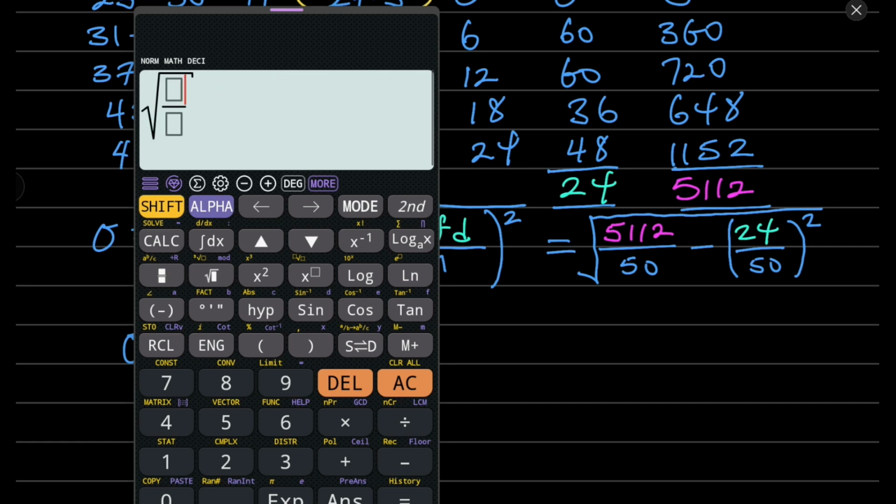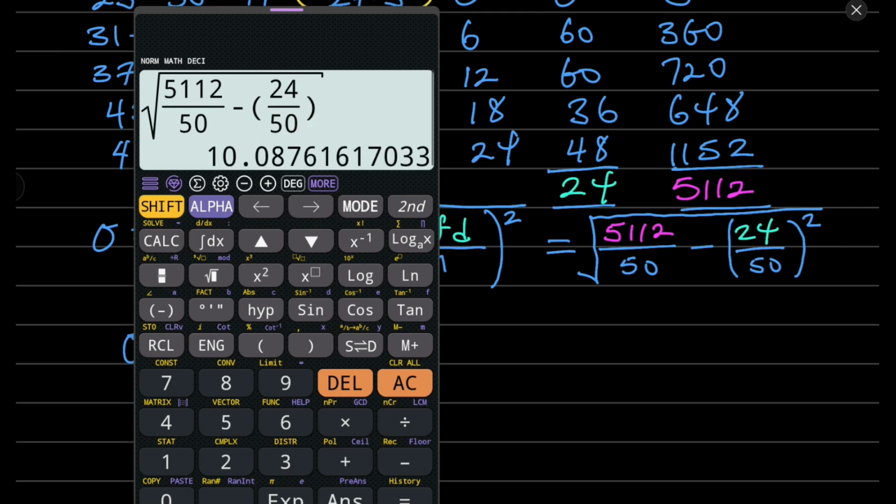This is 5112 divided by 50 minus open brackets 24 divided by 50, close the brackets, and all squared.